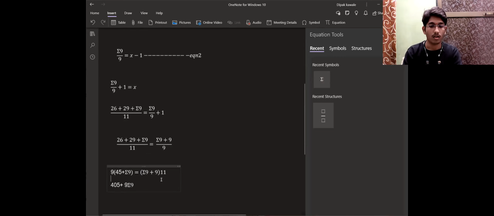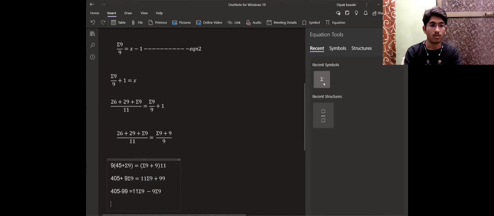Again, 11 into summation of 9 plus 11 multiplied by 9 is 99. So this 99 goes to this side, it becomes 405 minus 99, and this 11 summation of 9 minus 9 summation of 9.